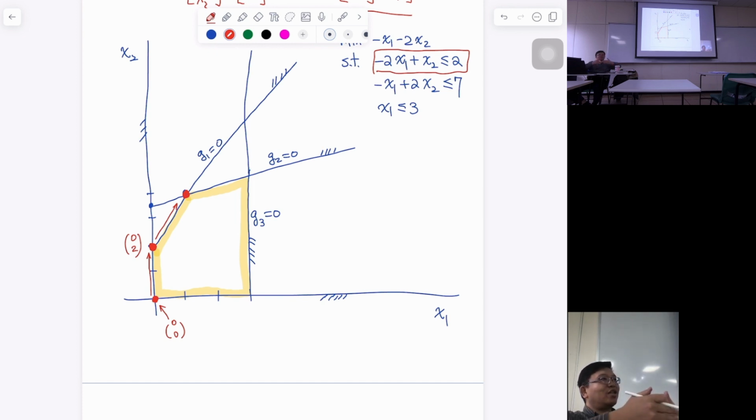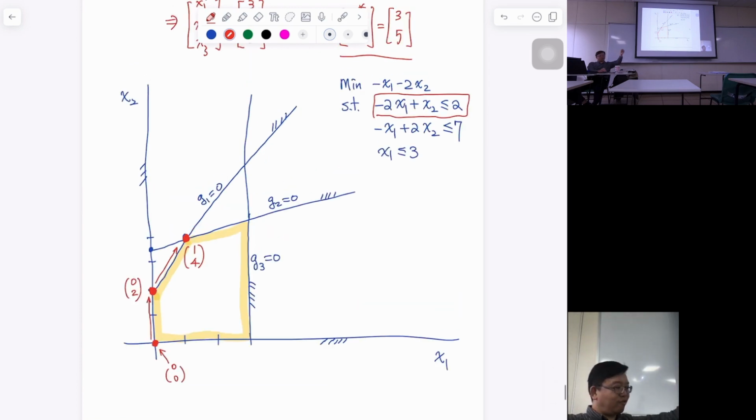Our slack variables are in the 3rd, 4th, and 5th dimension. One of them was 0, and by increasing that slack variable, we would be able to move from 0, 2 to this new point. This new point will be 1 and 1 and 4. So let's get back to our second iteration and check: did we advance one of our slack variables from 0 to positive?